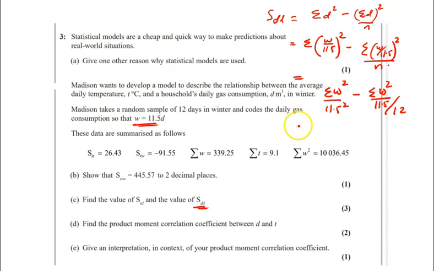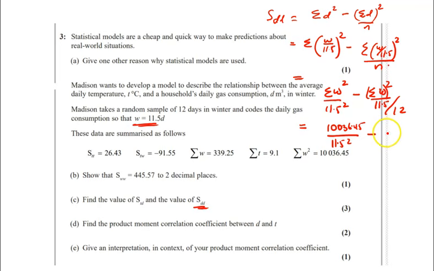I'll get the same answer if I use the summation of W squared, which is 10,036.45 over 11.5 squared, minus the summation of W, which is outside, all squared.